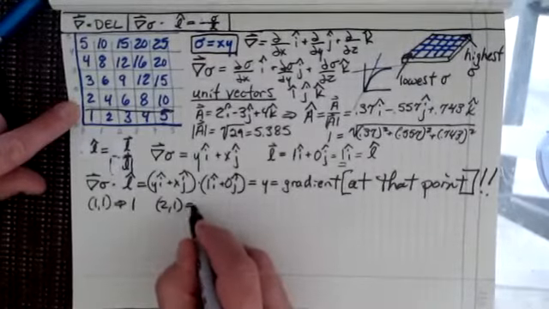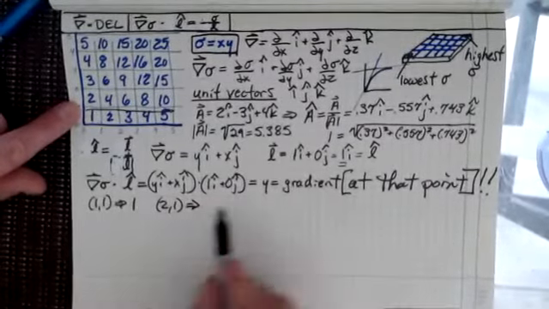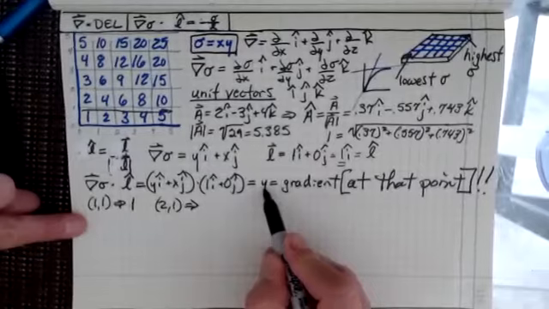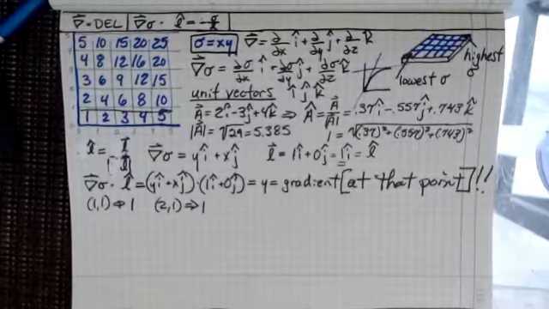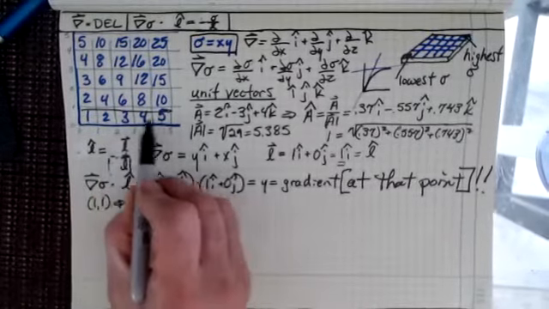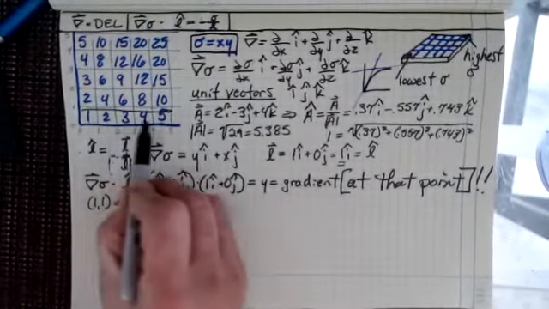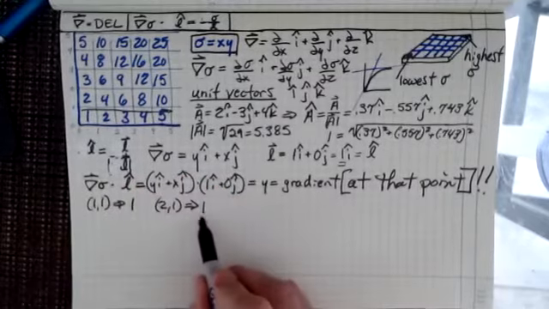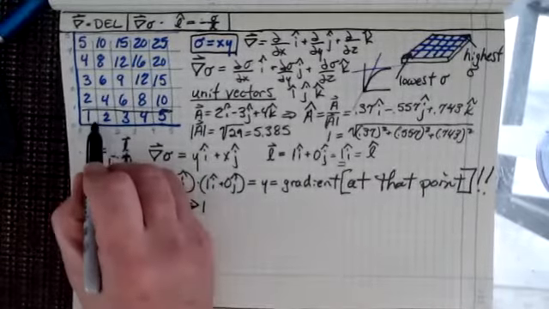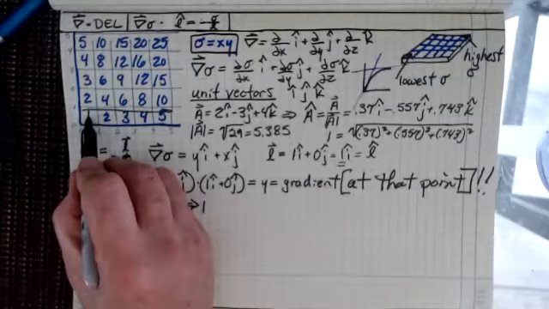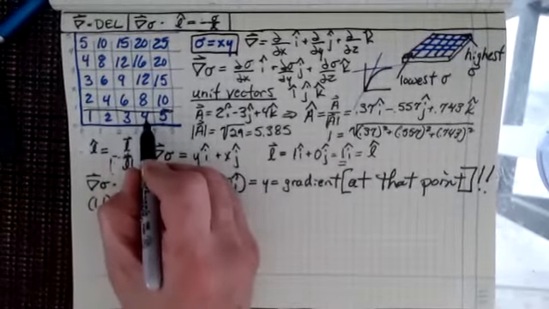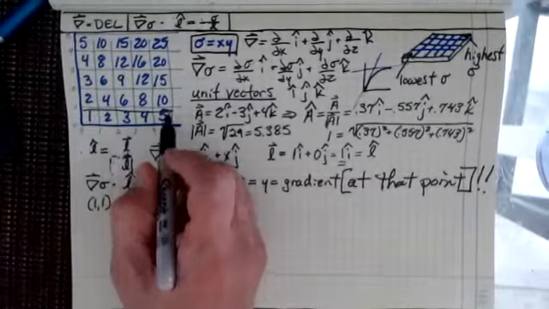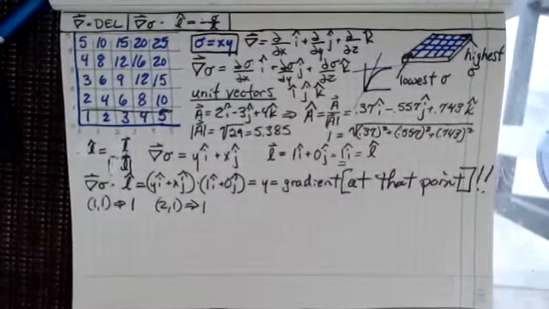What is my slope of the line going to be there? Well, let's put it into the equation. The equation says that the slope is going to be y. So it's 1. Does everyone see that? It doesn't matter which of the points I put in here along this direction, I'm always going to get 1. From here to here, it's 1. From here to here, it's 1. From here to here, the slope is 1. From here to here, the slope is 1. Can everybody see that? It doesn't matter what I put in there.